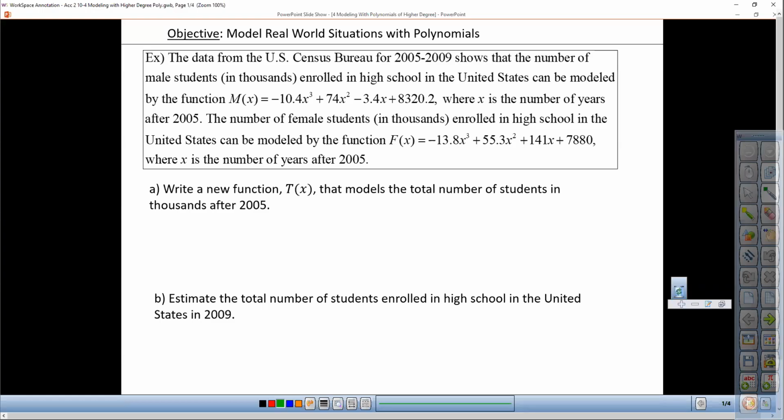All right, so in this lesson, which is on writing or creating polynomial models, polynomial functions that model situations using our skills of addition, subtraction, multiplication, or a combination of those. We're jumping right in to one of our first examples here.